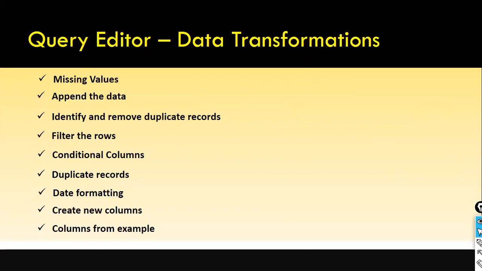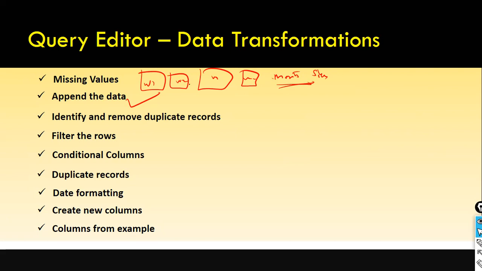And okay, what are the other things? Appending the data. There are cases where we may have to append the data. For example, you want to generate a monthly sales report. In our company, they store week-on-week data in a single file each, so there will be week 1, week 2, week 3, week 4. All the files have the same columns, in the same order.